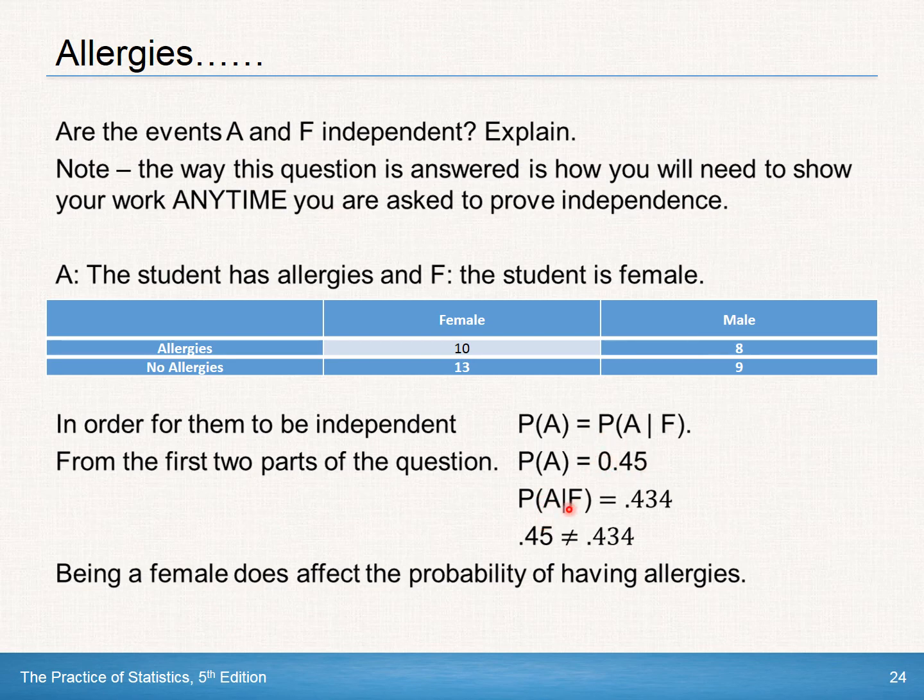Remember we know that they're females. The probability that they had allergies was 10 over the female total of 23. That was 0.434 from the previous slide. Notice how I showed the probabilities, showed the formula, showed the numbers plugged in. Those two are not equal. Since they are not equal, they are not independent. Being a female does affect the probability of having allergies.